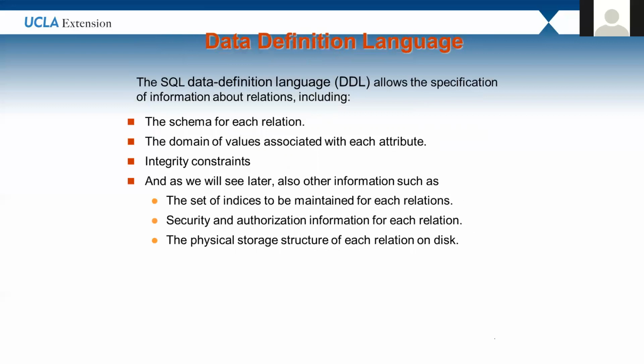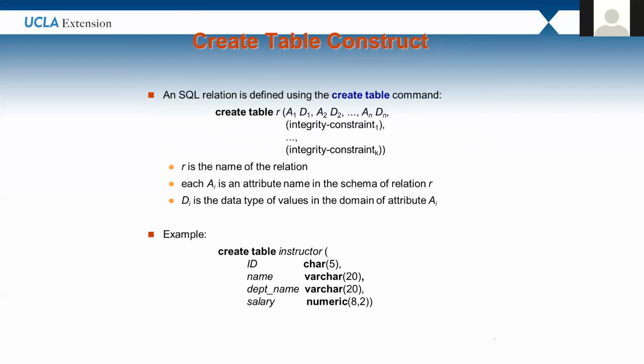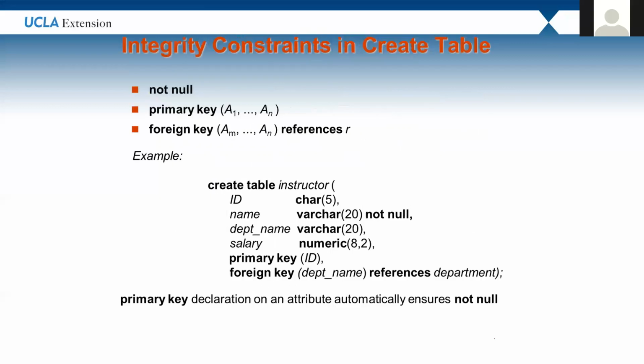Data definition language. Creating a table: you give the table name, the fields, and the constraints. You see here, create table instructor, you have a primary key ID, and you have a foreign key department name that references another table, department.